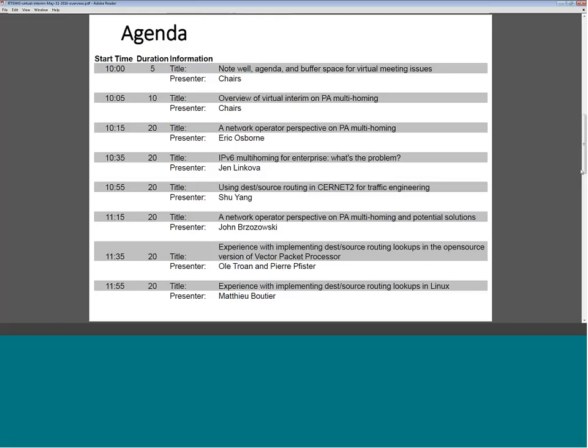And then the last two presentations are about implementation experience with DEST source routing. One in the vector packet processor, the VPP project, and another one in Linux. Note the one in Linux isn't really focused on Linux as a host, but Linux as a router per se. But Matthew can correct me on that.